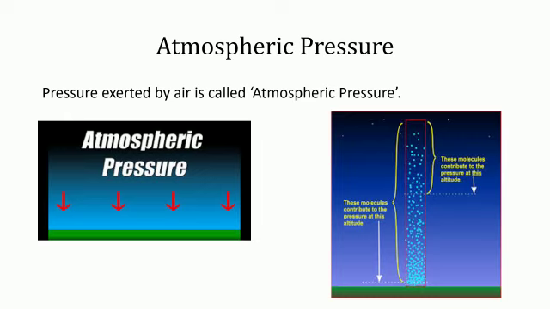So this becomes the weight of the air, because weight is nothing but gravitational force acting on an object which has mass, and air has mass as it is made up of different particles. This means that atmospheric pressure is the ratio of this weight divided by the area of the surface.